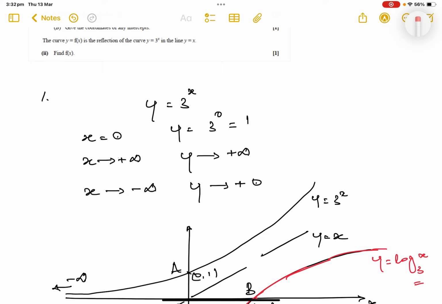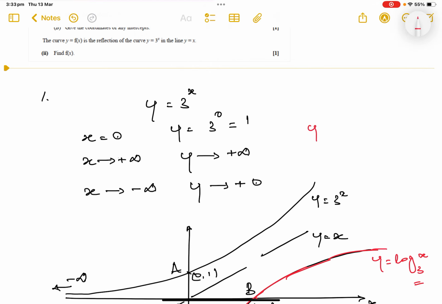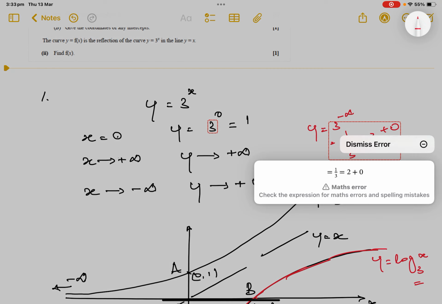Now consider x tends to positive infinity. 3 to the power positive infinity is positive infinity, so y tends to positive infinity. When x tends to minus infinity, y equals 3 to the power minus infinity, which is 1 over 3 to the power infinity, which is positive 0.